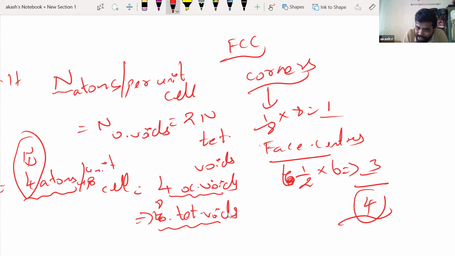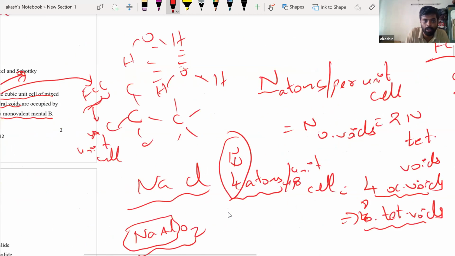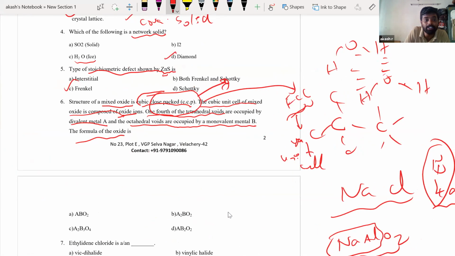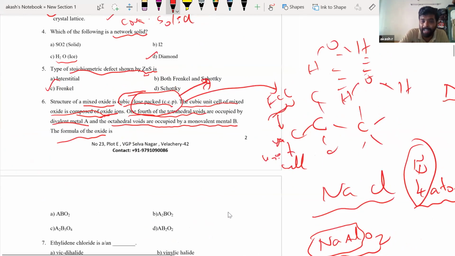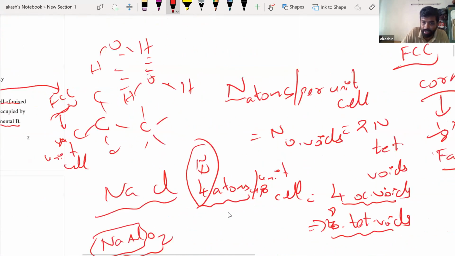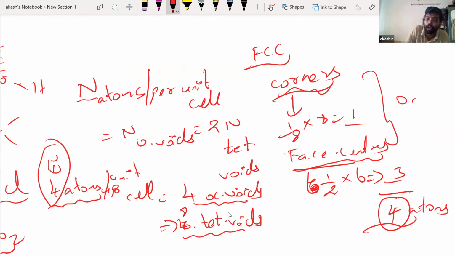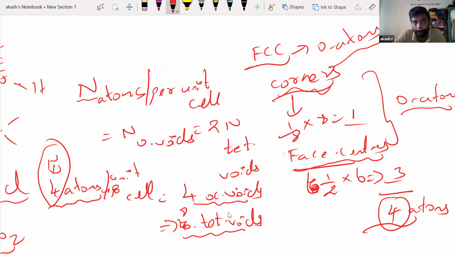Now, what are these 4 atoms? In this question, the cubic unit cell of mixed oxide is composed of oxide ions. That means all the lattice points, the corner lattice points and the face center lattice points, are occupied by oxygen atoms. This entire FCC is made out of oxygen atoms, only in the lattice points.